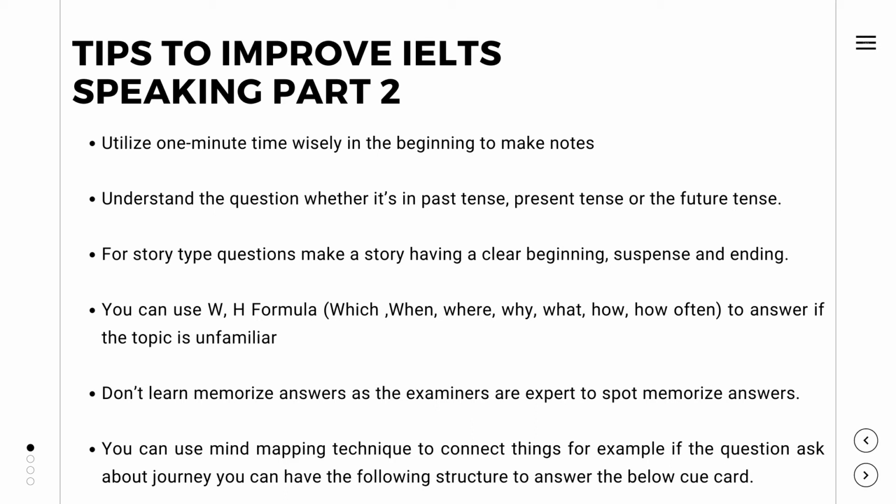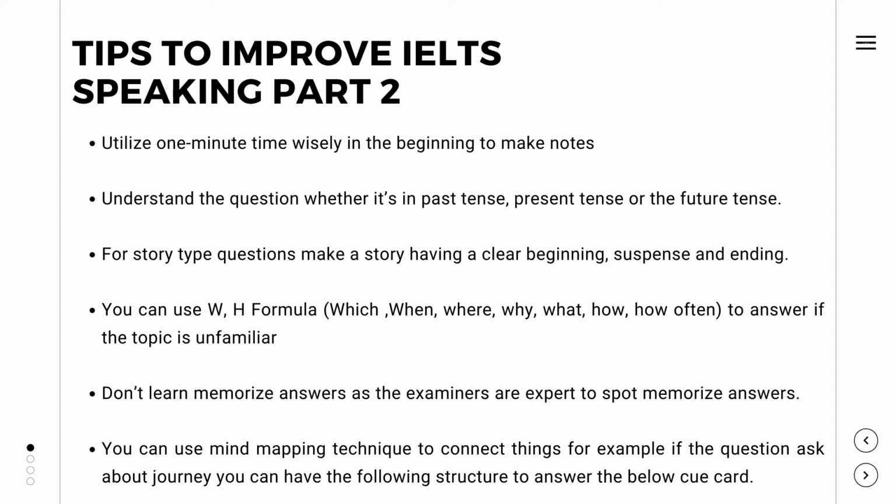So explain the things which you are familiar with and come across on a daily basis. You can add high level vocabulary while speaking on that topic, and this is another tip with the help of which you can improve part 2 of the IELTS speaking.